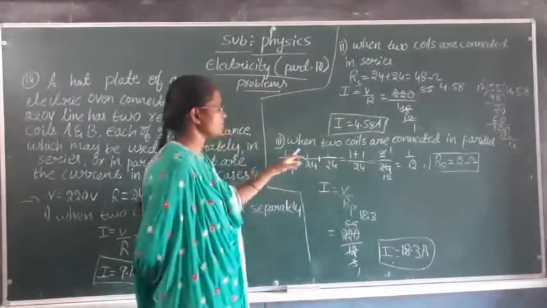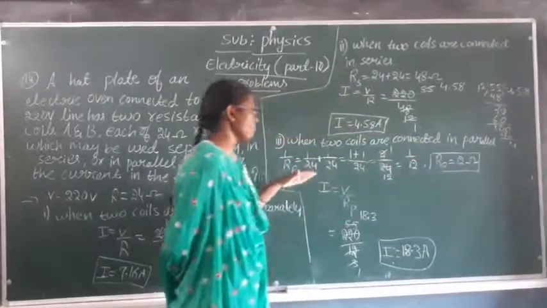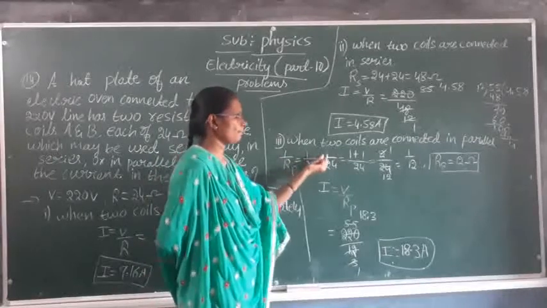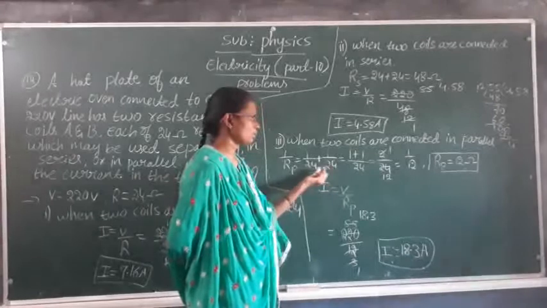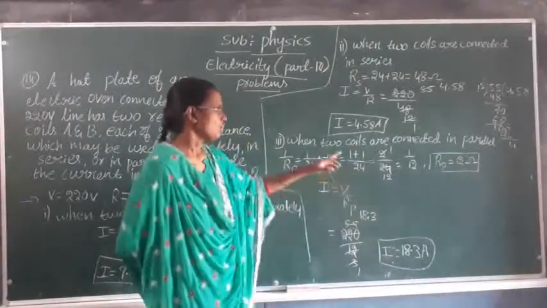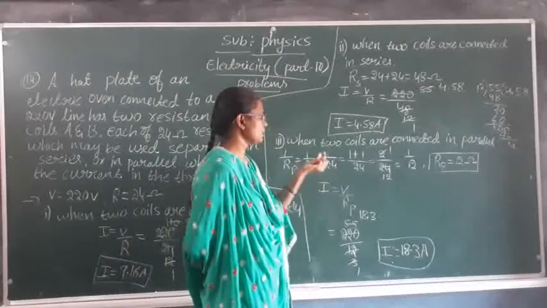So next, in the third case, the resistors are connected in parallel. Then you have to find out the value of Rp. So 1 by Rp is equal to 1 by R1 plus 1 by R2. So R1, R2 is having the same value, that is 24. Substitute values. So what is the LCM here? 24. So the same is there in the denominator, so take it as it is.